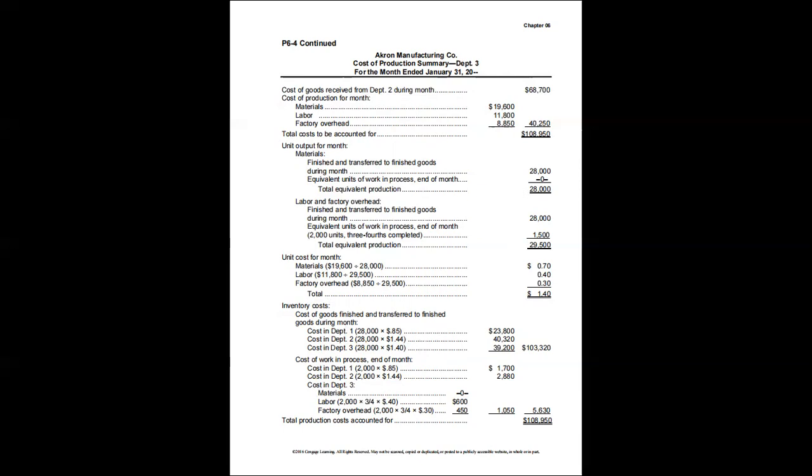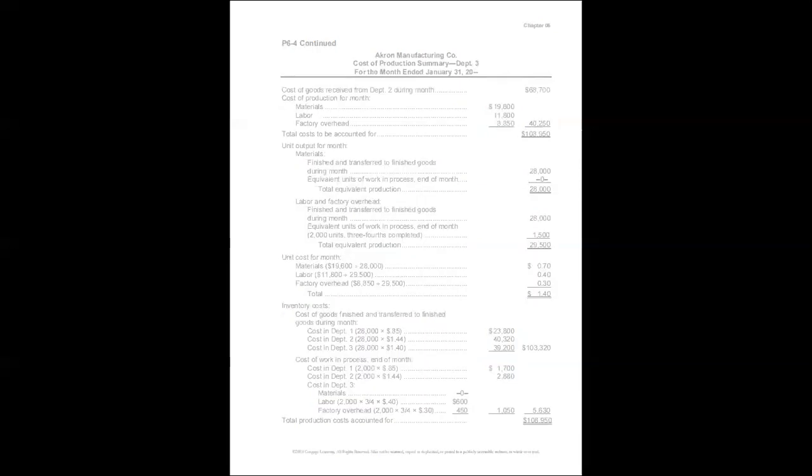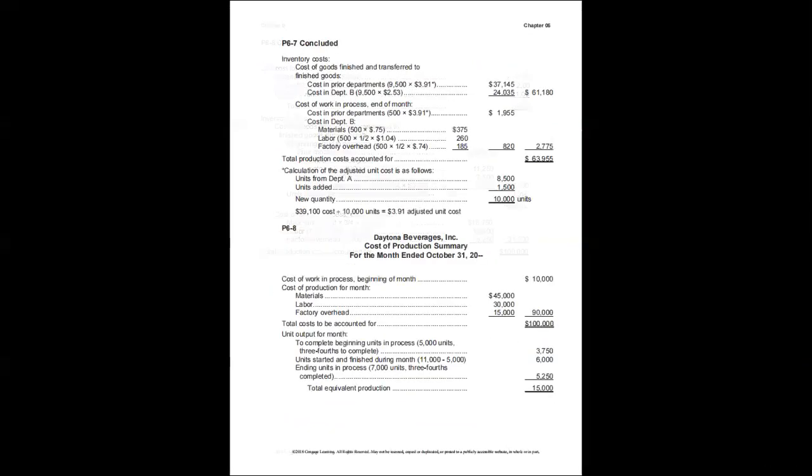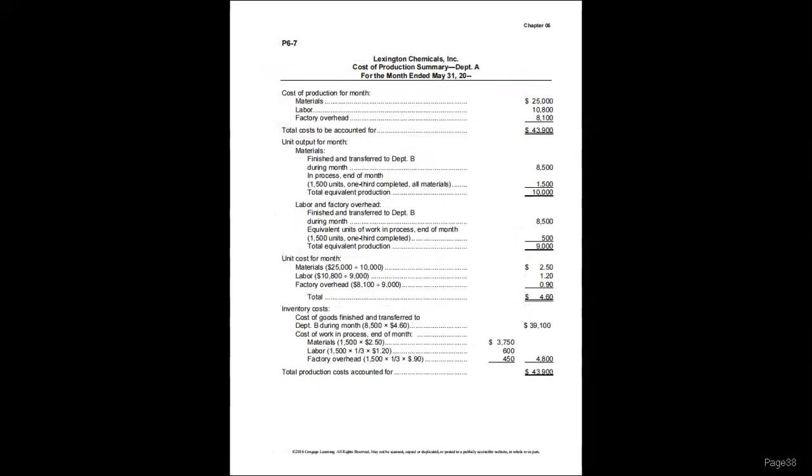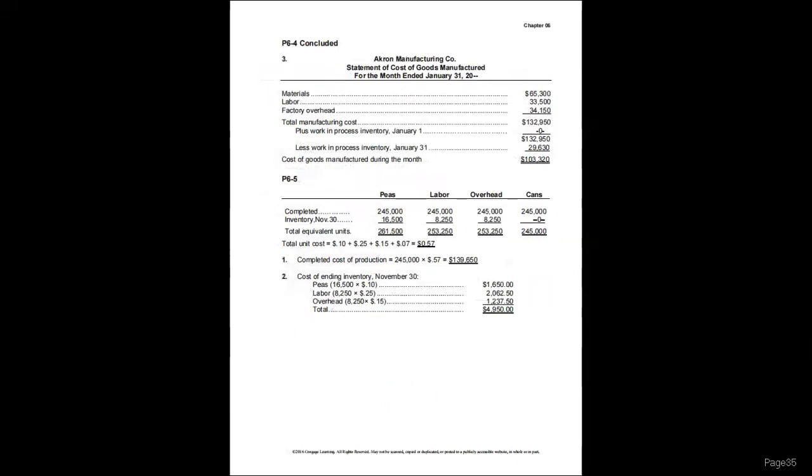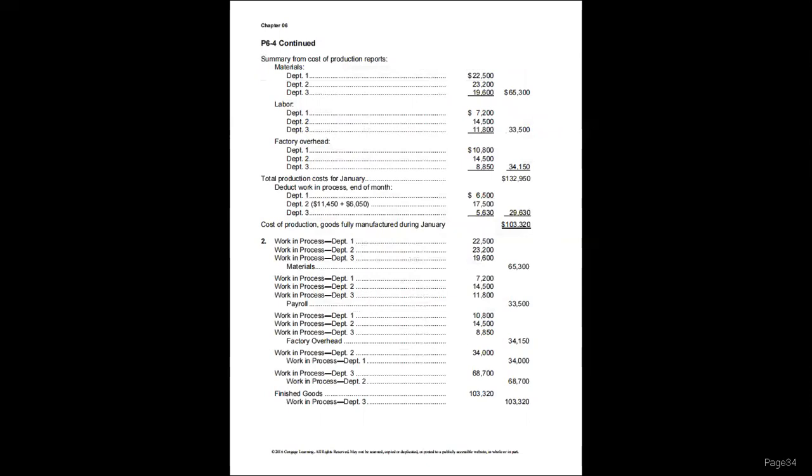So for the journal entries, next period, the journal entries now in 6-4 for the journal entries. We now have the summary of cost of production reports.